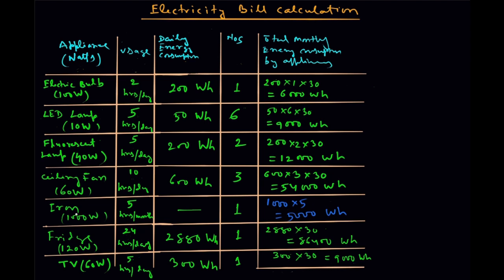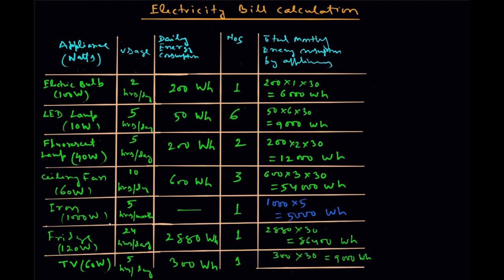Similarly, for iron for pressing the clothes, it is used for 5 hours. This is not 5 hours per day. Every day no one uses iron for 5 hours. It is per month. That's why daily usage we have not calculated.